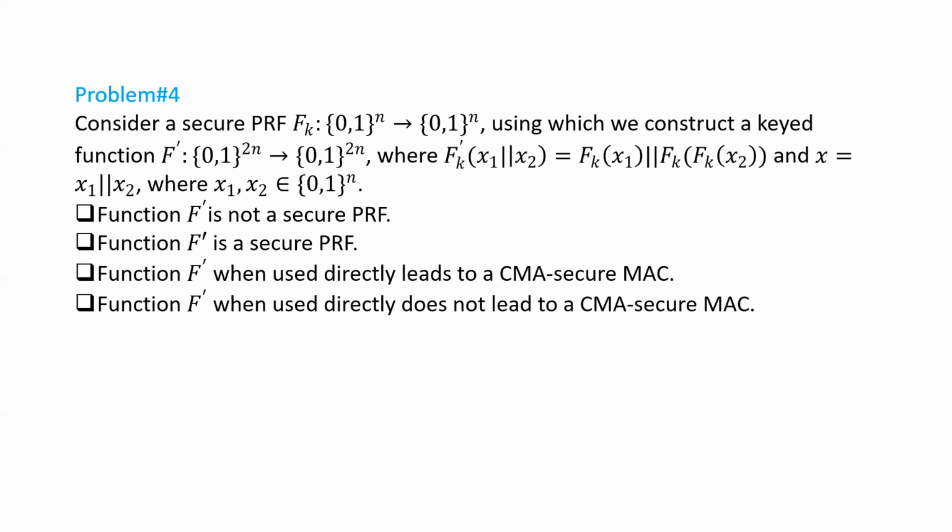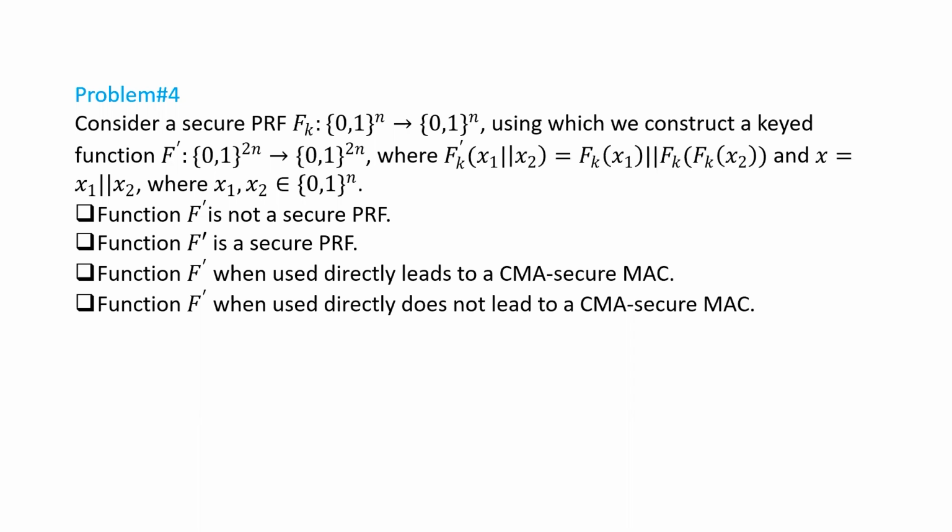Okay. So here you can do this: the adversary queries with some x1 concatenated with x2, and if it is interacting with a PRF, then it will get back f(x1) concatenated with f(x2), right?